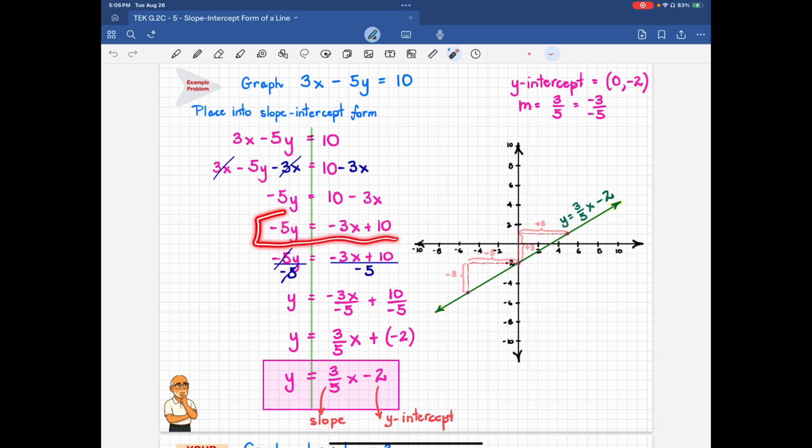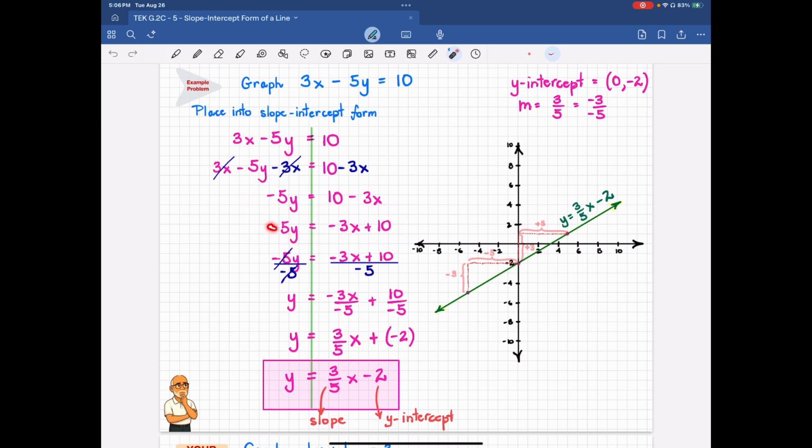Looking at this step right here, I know that I want to get my y by itself, but I have that negative 5 attached to it. Negative 5 is the coefficient that's being multiplied to the y. So we have to get rid of that negative 5. We have to basically do the opposite of what's happening to it. If it's being multiplied, the opposite of multiplying is division.